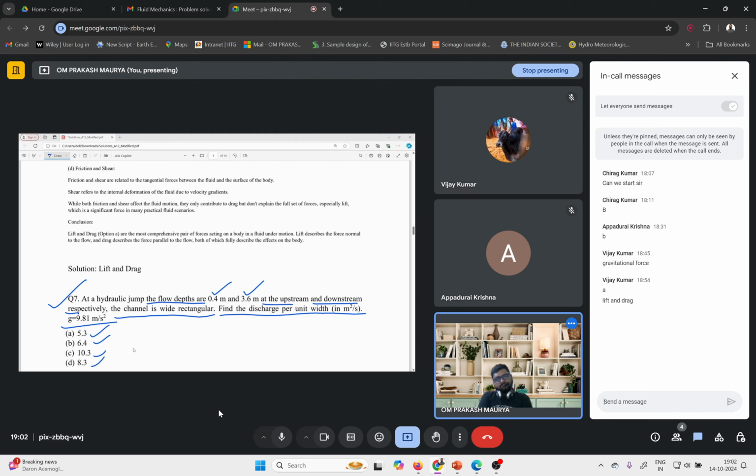Question number 7. If you remember the hydraulic jump criteria, that is the specific energy and specific force criteria, you can easily tackle this question, otherwise it is very difficult.